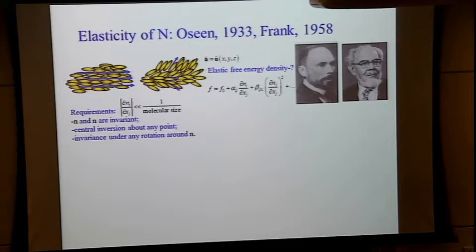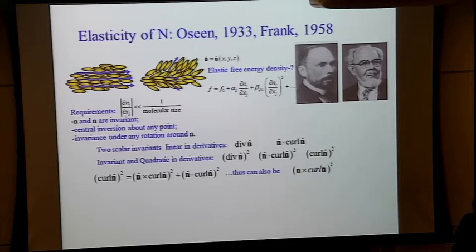Remember, I showed you the molecules; although some of them had dipole moments, the directionality of those dipole moments was arbitrary. To the left and to the right had the same probability. So the expression should satisfy the condition that central inversion is preserved about any point. And if you rotate the deformed system around the local n, you should not change the free energy density.